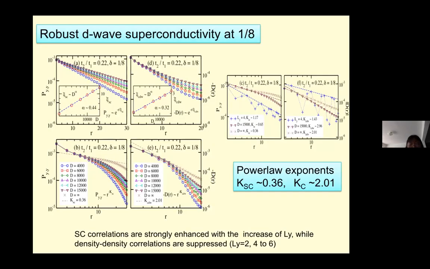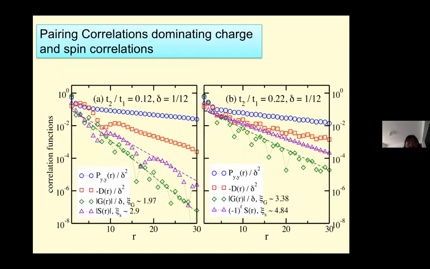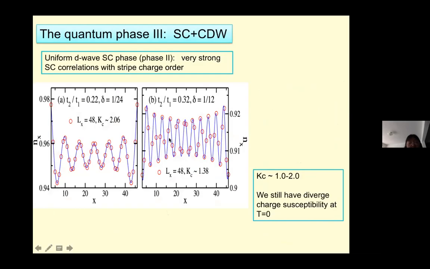We already discussed the robust superconducting correlations and compared the dominant superconducting correlation with spin and Green function and density correlation. Now we want to look closer at the superconducting and the CDW coexisting phase.